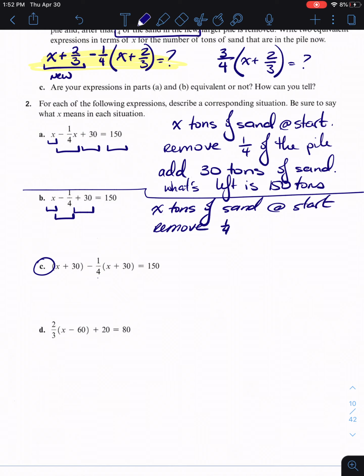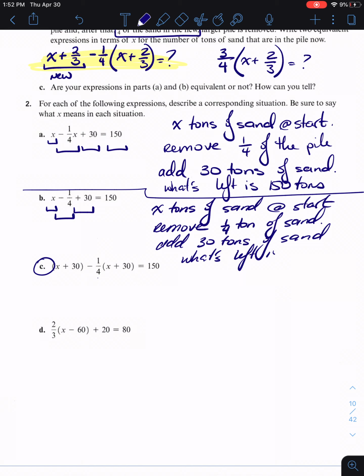We're just removing a quarter of a ton. And then we're going to add 30 tons of sand. And what's left is 150 tons. So I'm going to leave C for you to think about.